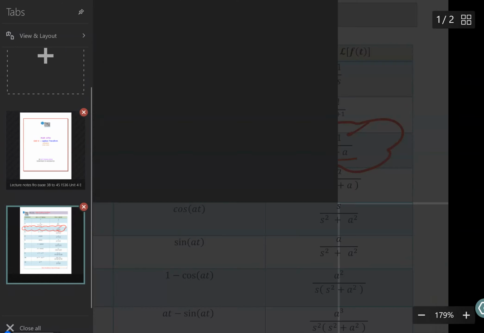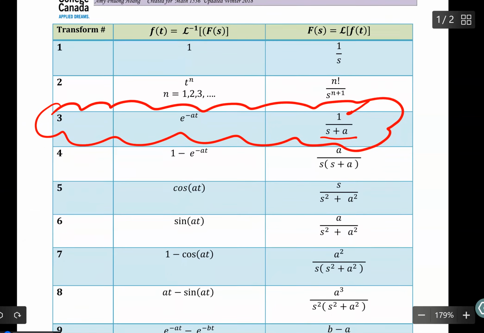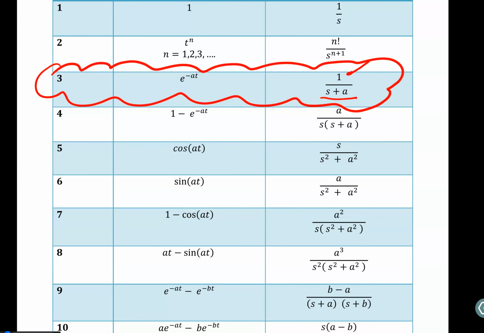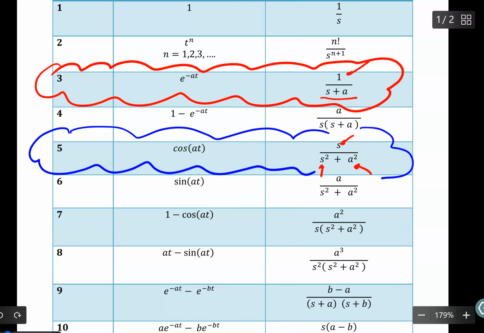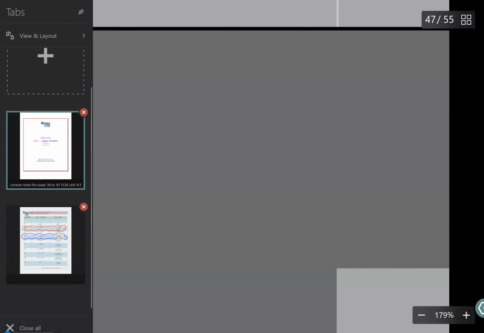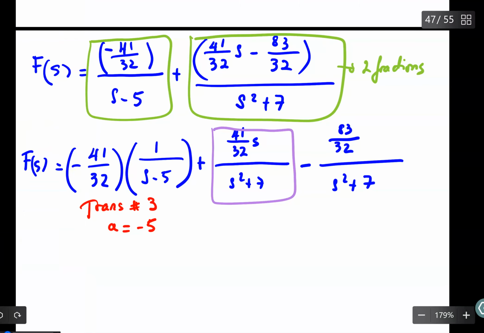So I have s on top, I have s squared, and I have a squared. So I should use transform number 5. So I'm going to write down that I'm going to use transform number 5.